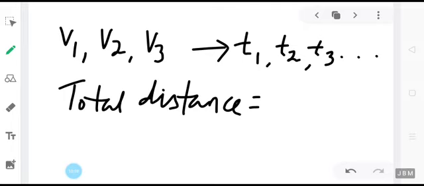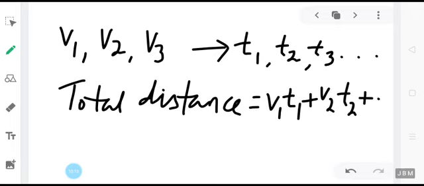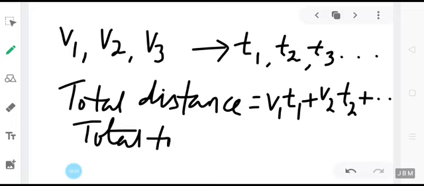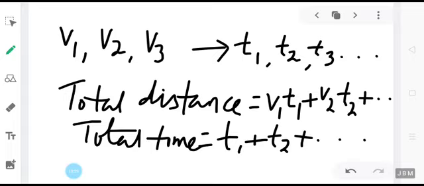So we know that speed into time, that is distance. So you will get v1 t1 plus v2 t2 and so on. Total time taken will be equal to t1 plus t2 and so on.